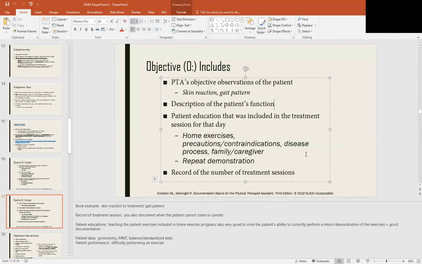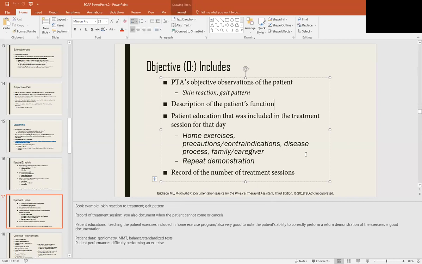I'm thinking of total hip arthroplasty precautions. You know, did you educate the patient on that? Were they able to repeat or demonstrate those precautions, contraindications to you, and more importantly, were they able to keep those in mind as they went through different movements throughout the treatment?